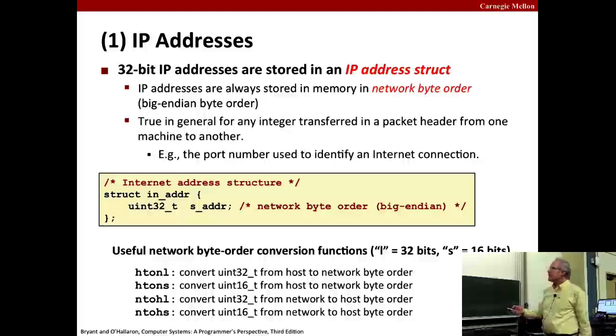And so there's a set of standard library functions that you use to convert between network order and host order. The idea is, if I run my software on a little Endian or a big Endian machine, these functions will do the right thing. So if I just use these standard libraries, then I don't have to worry about porting it every time I change the word ordering of the machine.